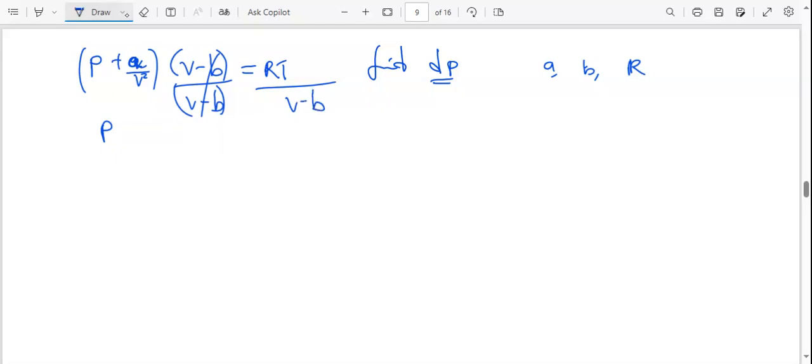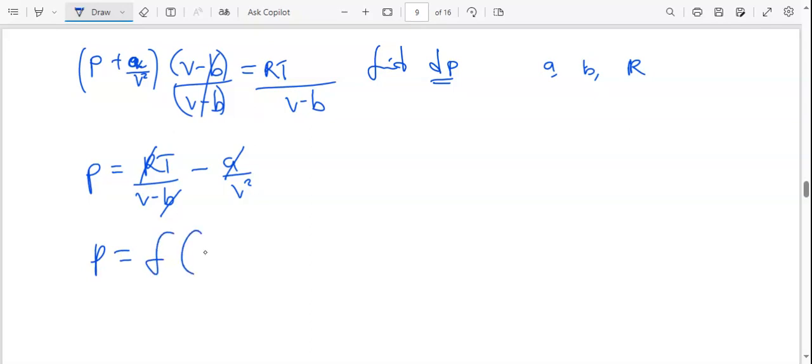So pressure is equal to RT over V minus B, then this one comes this side, which is minus A over V squared. We can see that this one is constant, this one is constant, this one is constant. So this pressure will be depending only on the temperature and also the volume. Those are the two things that we have.